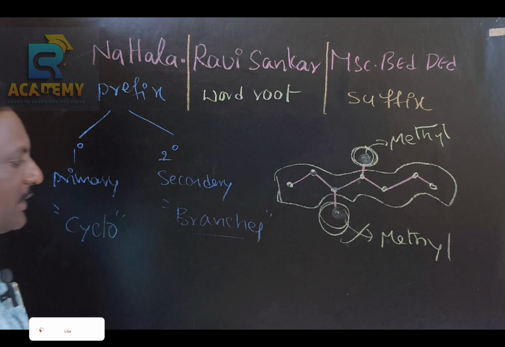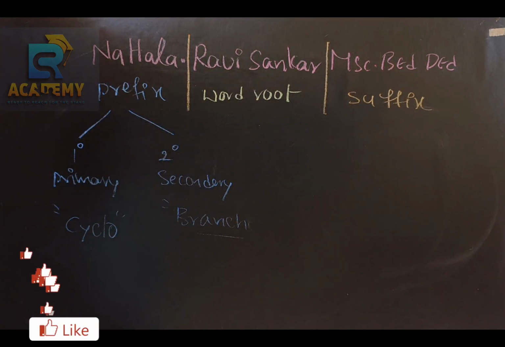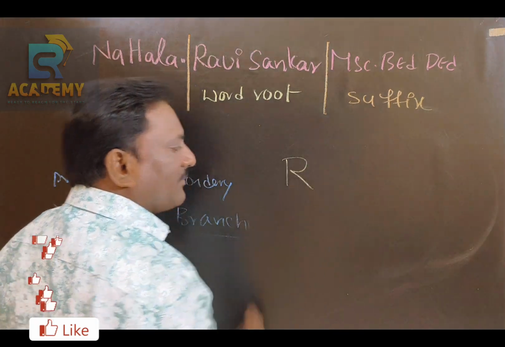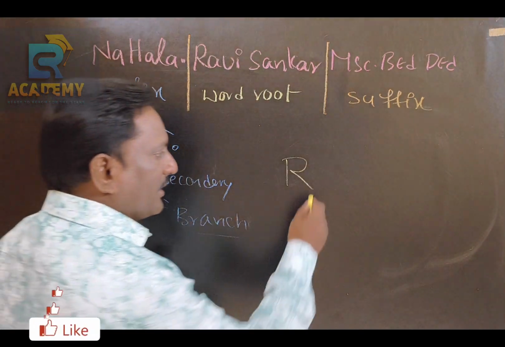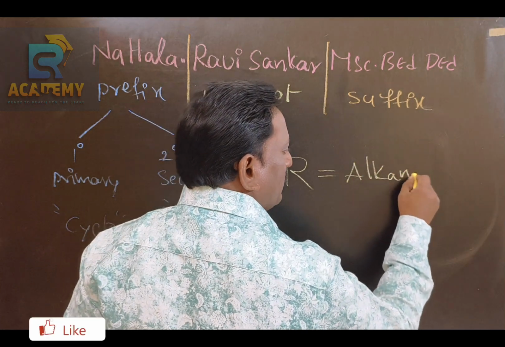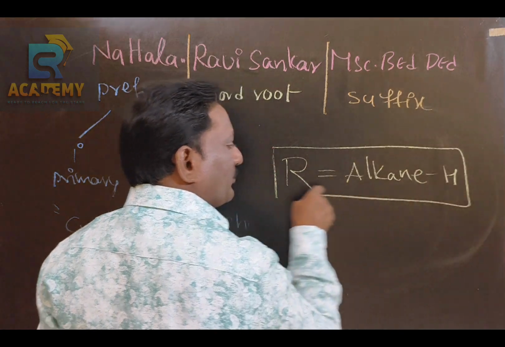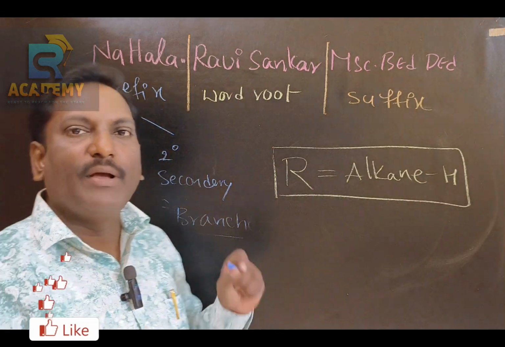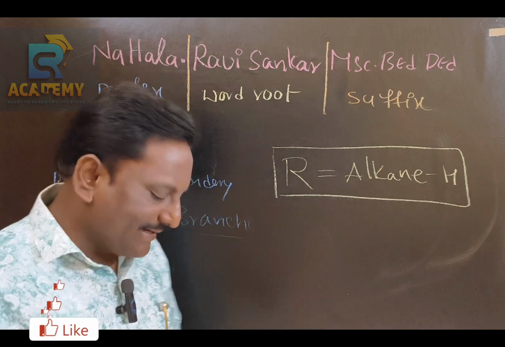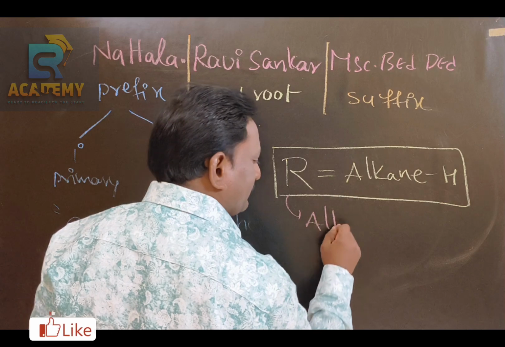Generally, alkyl groups appear as branches. Alkyl group is represented with capital R equals alkane minus H. I will get R. R is the alkyl group. It is obtained by removal of one hydrogen from alkanes. This R is nothing but alkyl group.